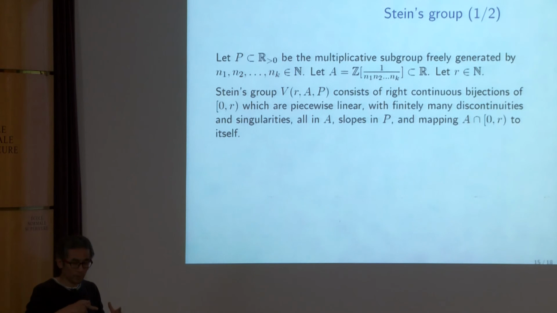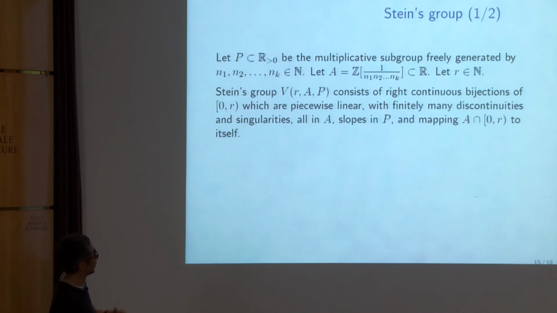So P, as a group, is just a free abelian group of rank k. And let A be this ring. Then Stein's group, V_{A,P}, consists of right continuous bijections of this half-open interval, which are piecewise linear, with finitely many discontinuities and singularities, all in A.